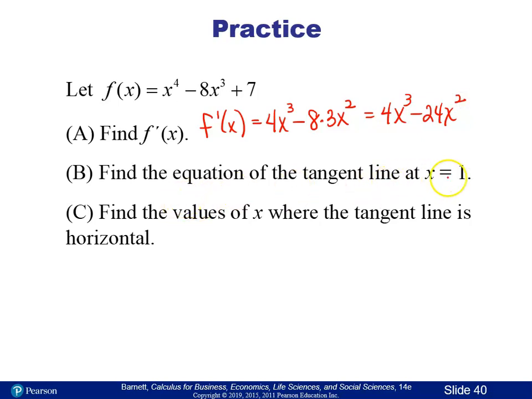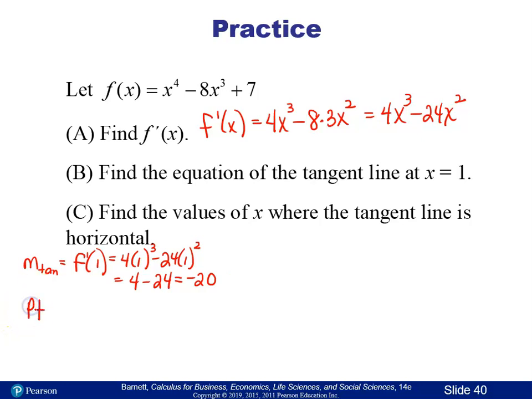For the equation of the tangent line at x equals 1, we need the slope, which is the derivative at 1. So 4 times 1 to the third minus 24 times 1 squared. 4 minus 24 would give me negative 20.